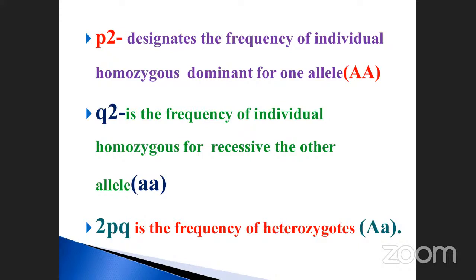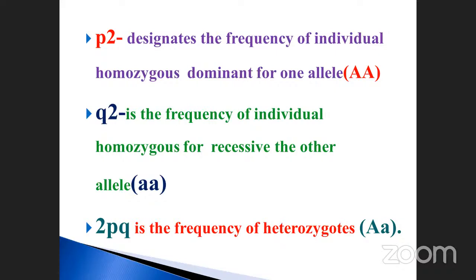This is a recessive character. What about 2PQ? These all come into the equation: P squared plus 2PQ plus Q squared is equal to 1.